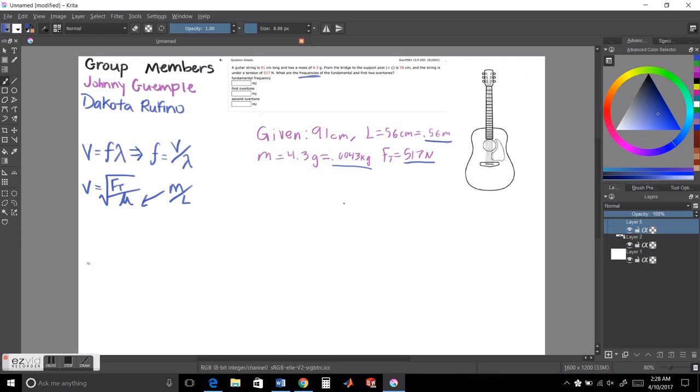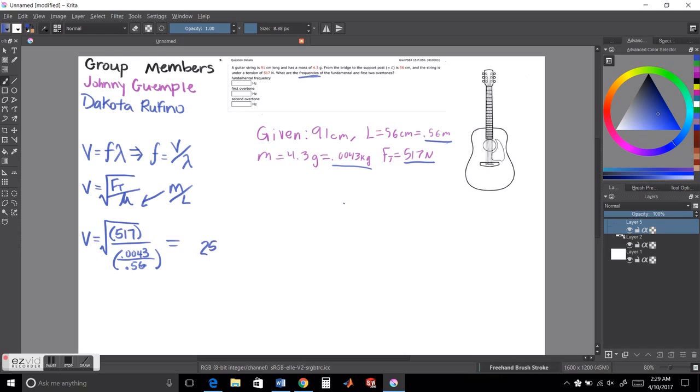So when we have mass, length, and force, we get v equals the square root of 517 over 0.0043 over 0.56.